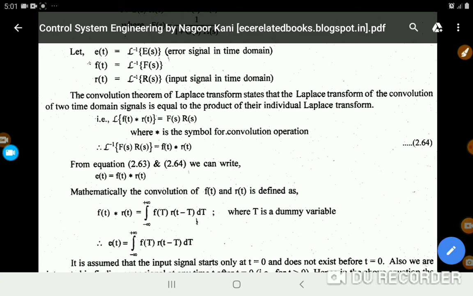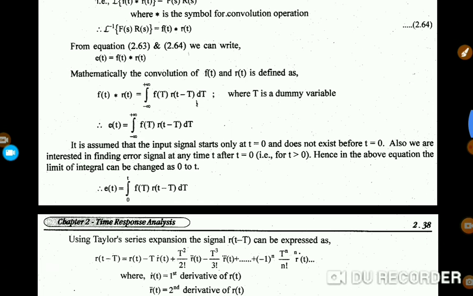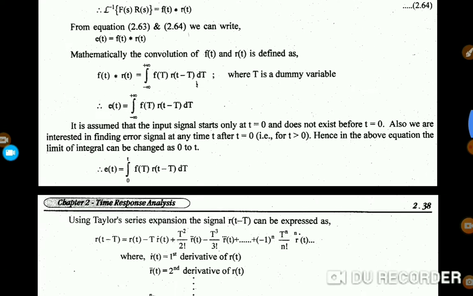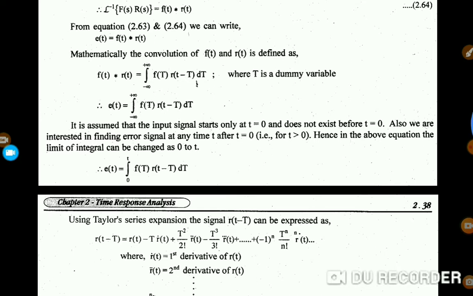Now we have a mathematical convolution of f of t and R of t.